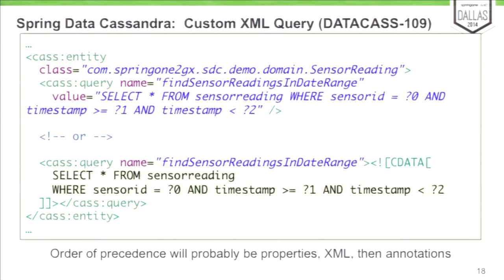By the way, that note at the bottom is significant. The order of precedence will be properties files, then XML metadata, then the annotations, like most other custom persistence APIs.